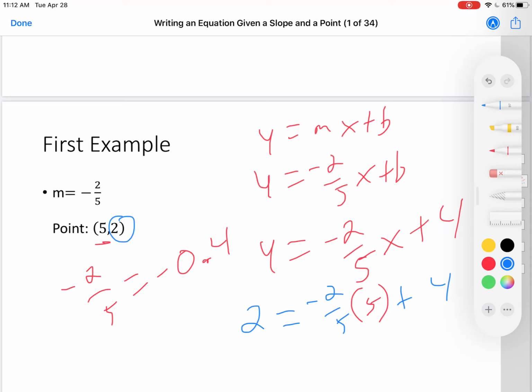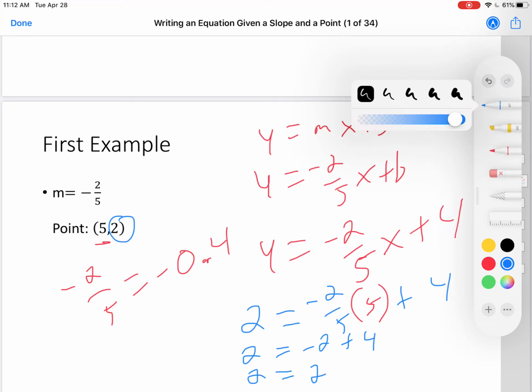Plus 4. Let's see if that works. 5 divided by 5 is 1. 1 times negative 2 is negative 2, so this turns into 2 equals negative 2 plus 4. Negative 2 plus 4 is 2, and 2 equals 2, and that's true, so that is the correct equation.